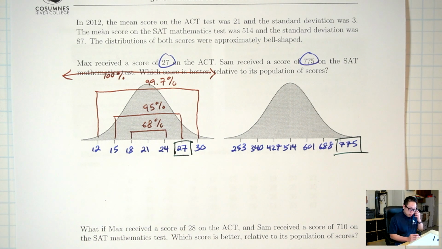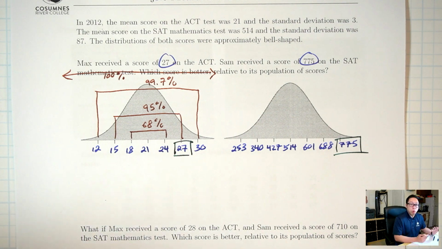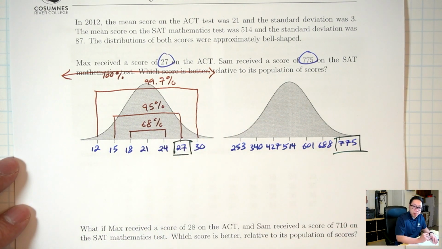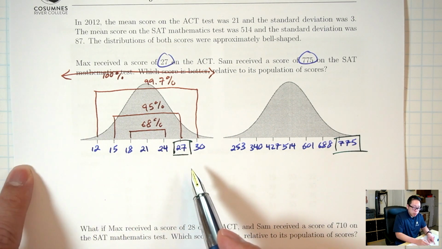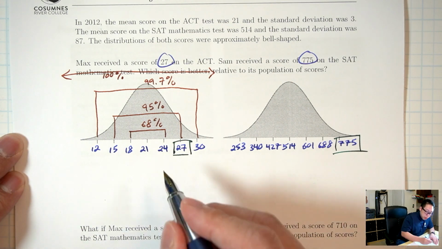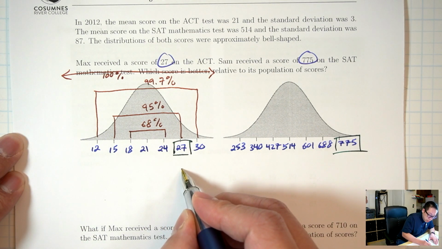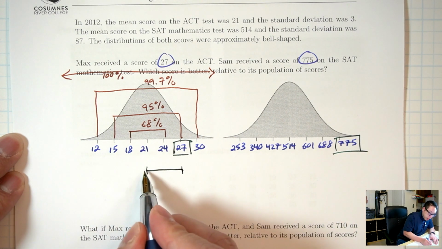And even more, in the last lecture, we also talked about how to find even more percentages beyond these, right? So let's find the percentage that is to the left of 27. And the way I'm going to do it is I'm going to go from 27 to the middle, and then from the middle all the way to the left.